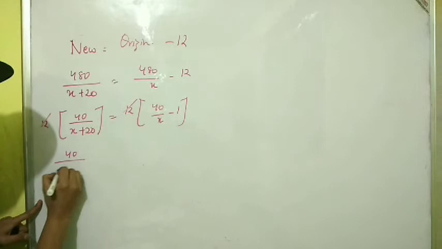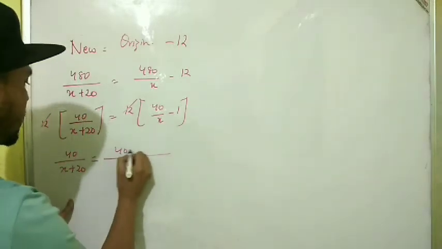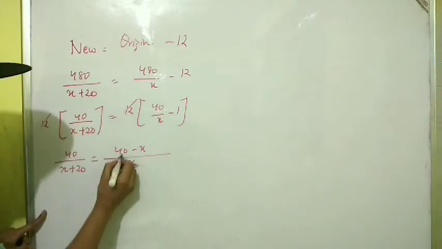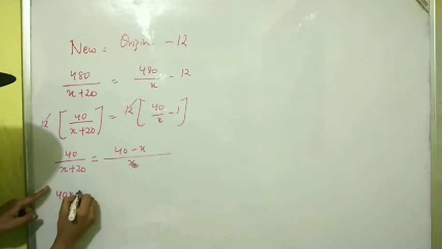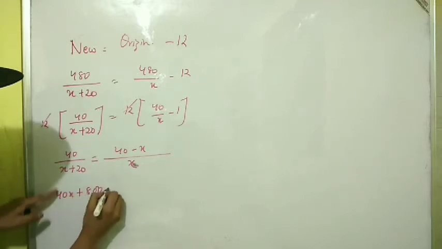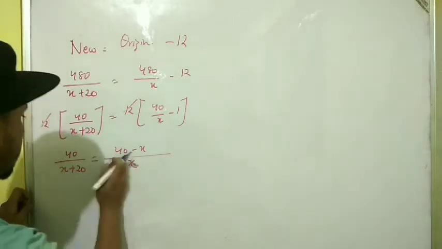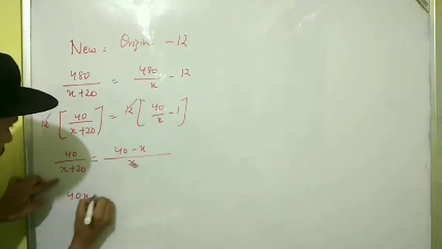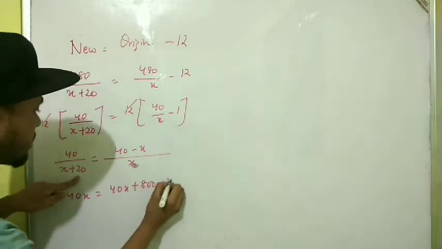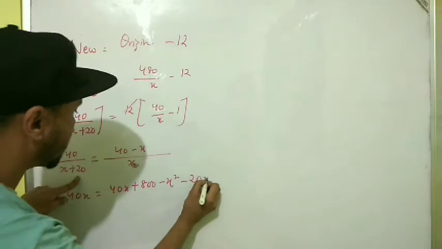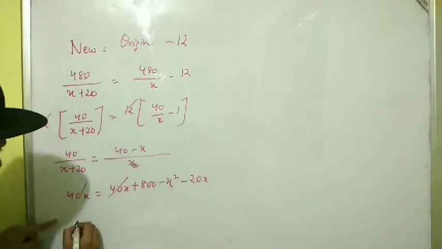Now the LCM, if you cross multiply, this will be 40x plus 800 minus x square is equal to 40x plus 800 minus x square minus 20x. So 40x will get cancelled.